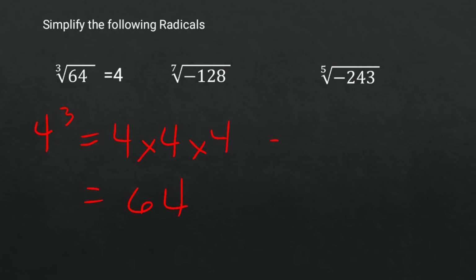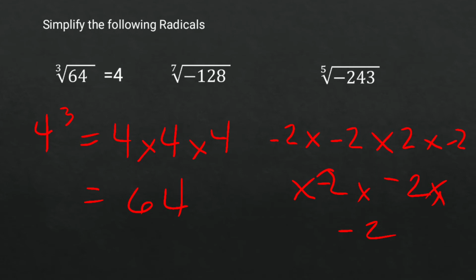We have negative 2 times negative 2 times negative 2 times negative 2 times negative 2 times negative 2, and so on, 7 times, or negative 2 raised to the power of 7.